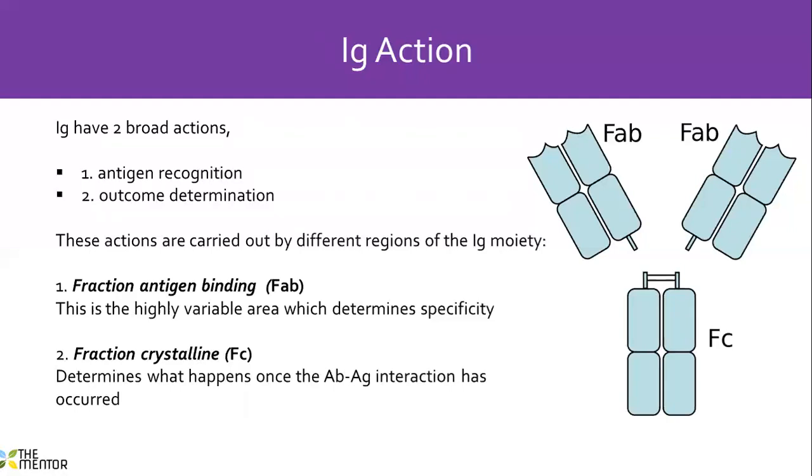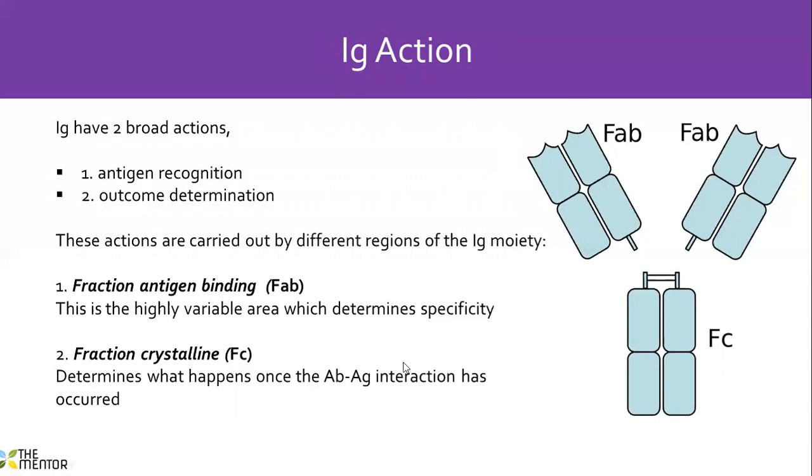Each antigen will have a different antibody, and the difference comes especially from the antigen binding site. The rest of the antibody can be the same, but what is really varied is that antigen binding site. So it's a highly variable area which determines the specificity.